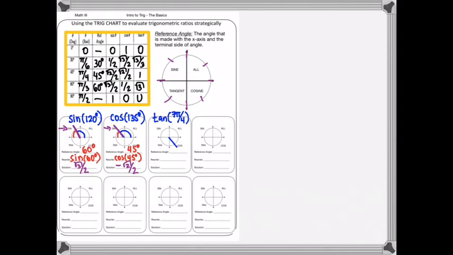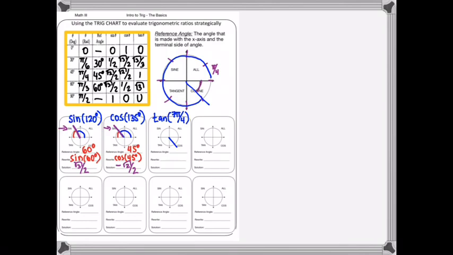So we don't want to lose track of how we got those to begin with. Each one of these increments is going to be pi over 4, right? And I found out that this angle is all the way over here. So it looks like that one chunk is going to be the reference angle right here of pi over 4.